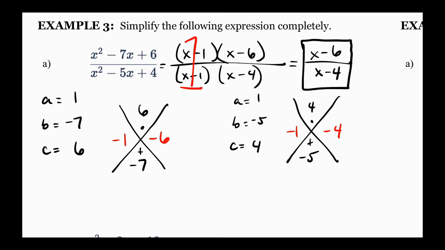It's x take away 6 and x take away 4. So it's a number. I don't know what that number is, but take away 6. And if I have that same number down here and I take away 4, they're not the same number. One is take away 6 and one is take away 4. So that's why I can't cancel anything out anymore. Okay, I'm done with that one. Simplified as far as it can.